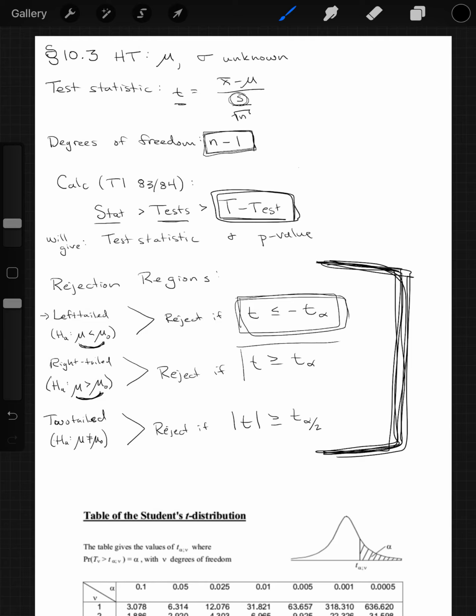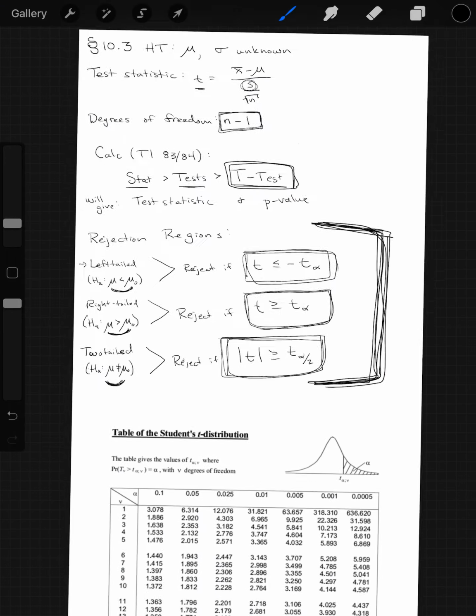And we take the same one as we had for z, and we replace it with t's. Two-tailed means that our alternative hypothesis is saying that mu is not equal to something. And in that case, we again take the same thing we had last section, which is right here, and we replace all the z's with t's.